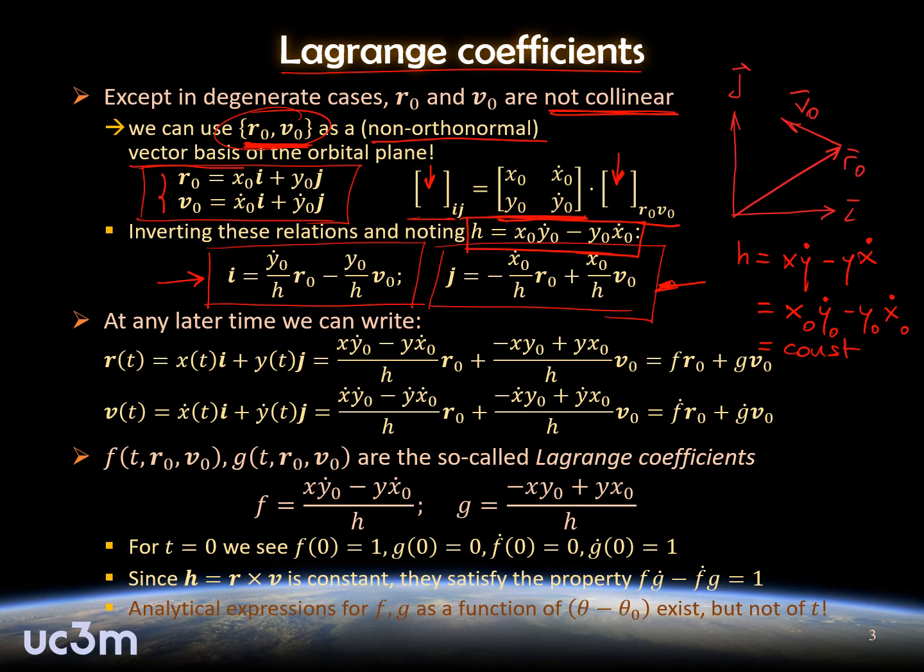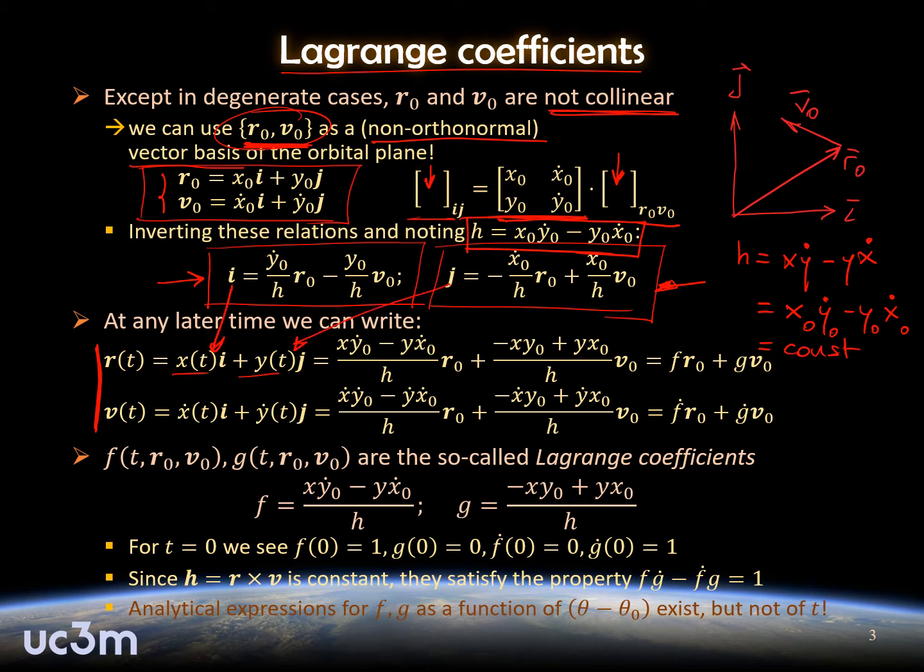Now, we already have an expression of i and j in terms of R0 and V0. So if we take the expression for R and V at any later time, so we have the x and y as functions of time, we can insert these expressions for i and j over here.